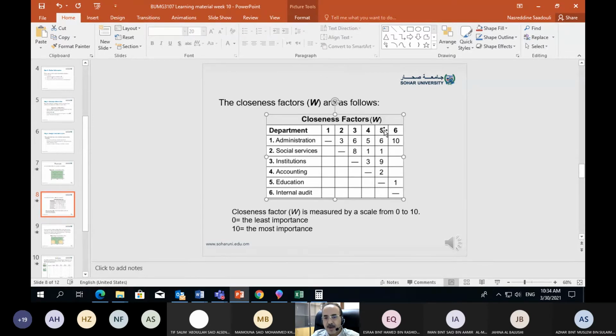And 3 and 5, there is a score of 9. And then you have others that have 3, 1, 2, and so on and so forth. But the important thing to notice here is that this is an increasing scale. So the higher value means that it's more important that they are close to each other.